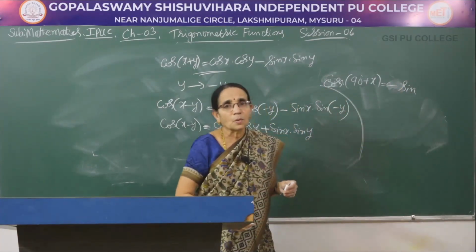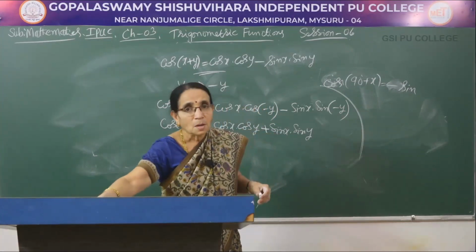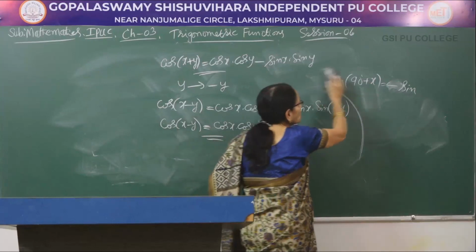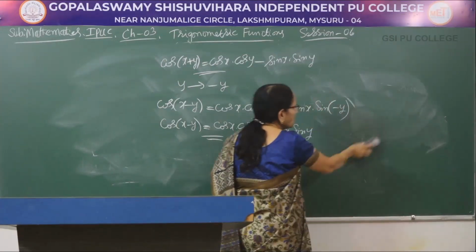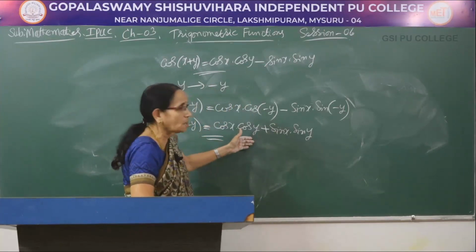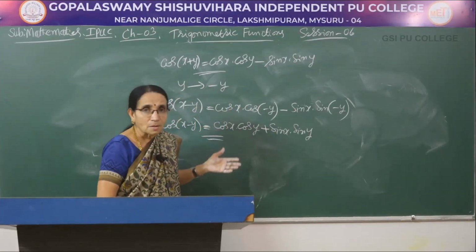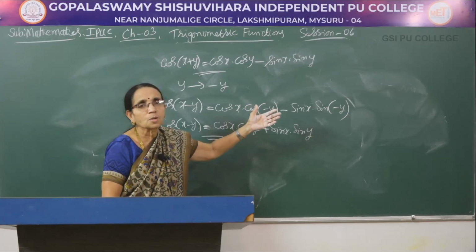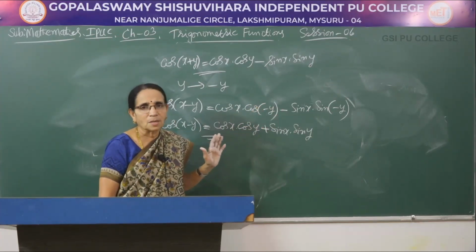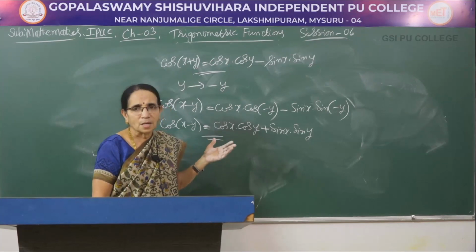So all those things we have learnt in the earlier session, because I had given you the rules 1 and 2 to arrive at the allied angles. Now using these compound angle formulae, you can also arrive at those allied angles, cos 90 plus theta, cos 90 minus theta, sin 90 plus theta, sin 90 minus theta.